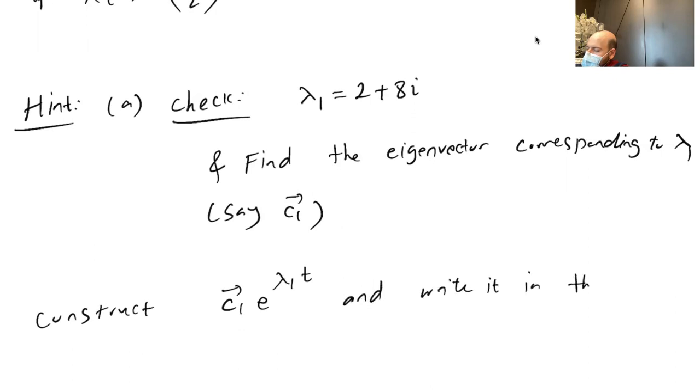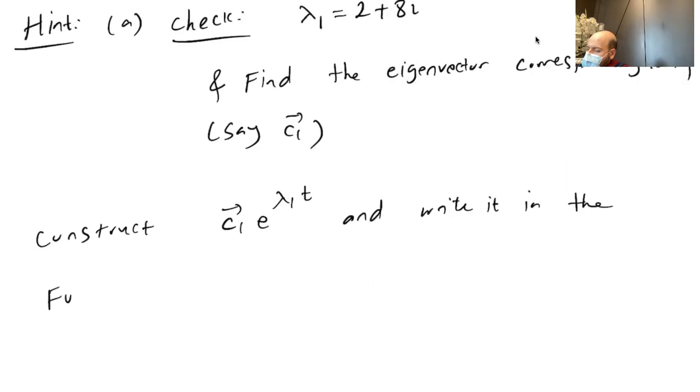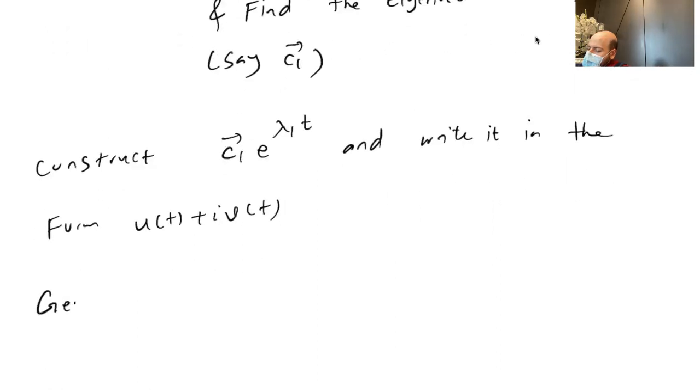and write it in the form u of t plus i v of t. Then the general solution, as we mentioned earlier, can be written as beta 1 times u of t plus beta 2 times v of t.